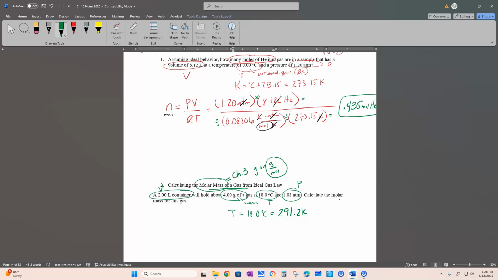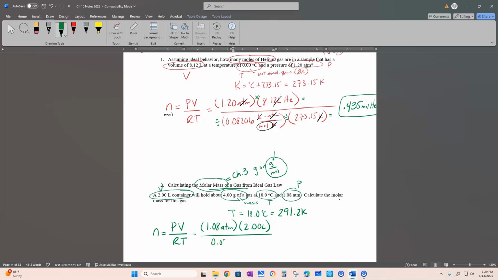So I got the grams, he's sitting right there, but I don't have the moles. So in this part right here, I got to solve for moles, PV over RT, and once I have moles, then I could take those 4 grams and divide by the moles. So be very careful that you remember chapter to chapter of things that I taught, because they're going to come back to you.